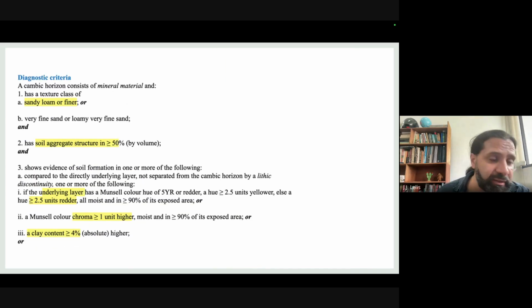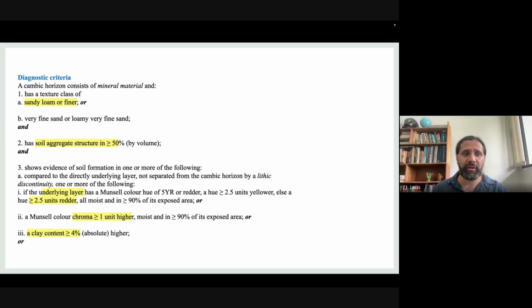So let's see the criteria for a cambic horizon. The cambic horizon is a mineral material, so the content of organic carbon should be lower than 20%, and it should register a texture class of sandy loam or finer than that, or very fine sand or loamy very fine sand.